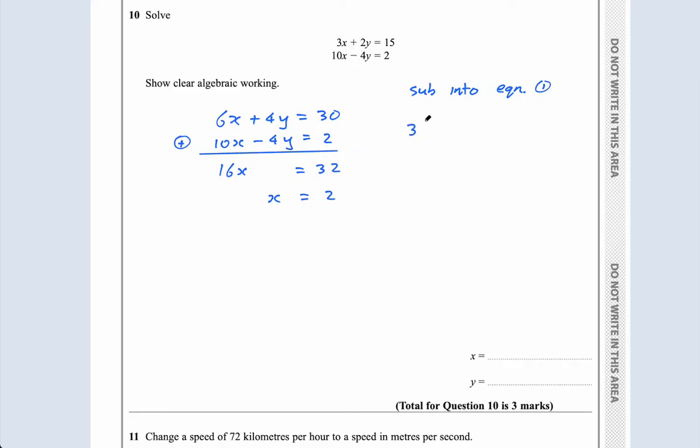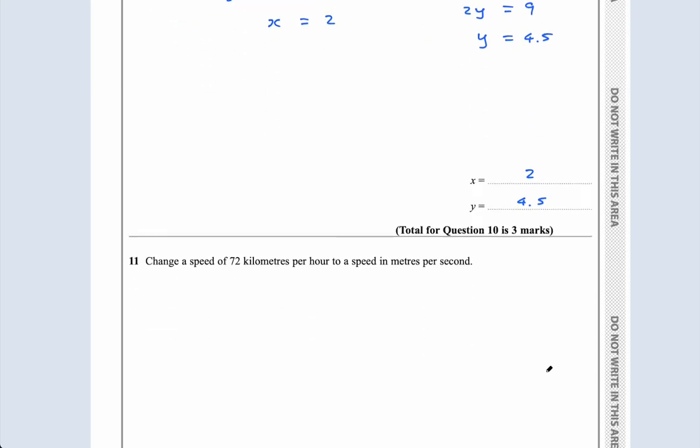So it's 3 times 2 plus 2y, I'm subbing x in there, equals 15. 6 plus 2y equals 15. 2y equals 9, and y equals 4.5, or 9 over 2. So it's 2, 4.5.